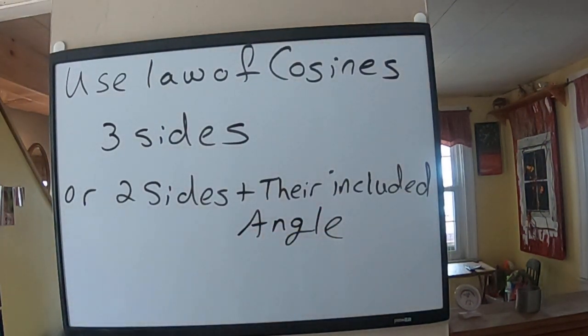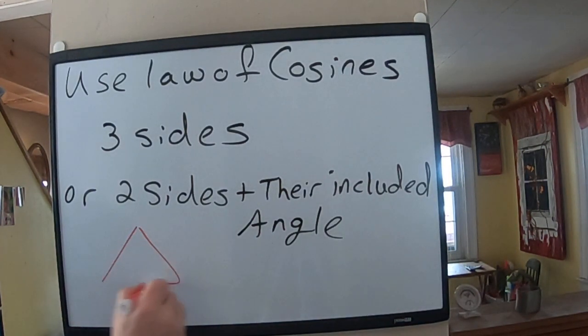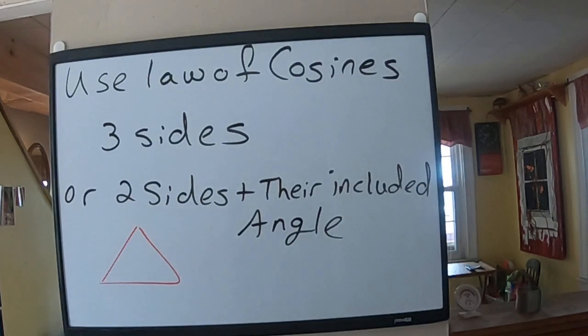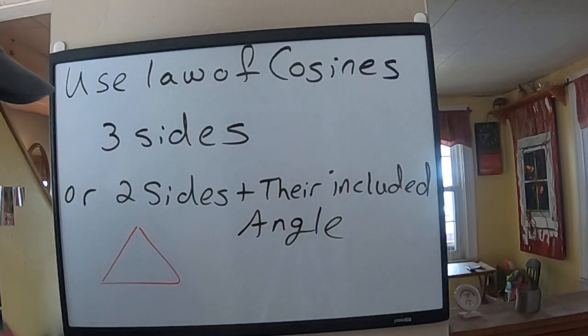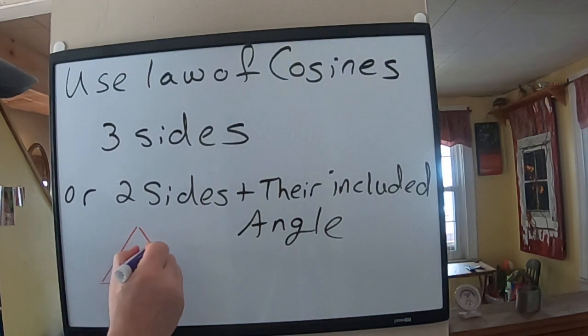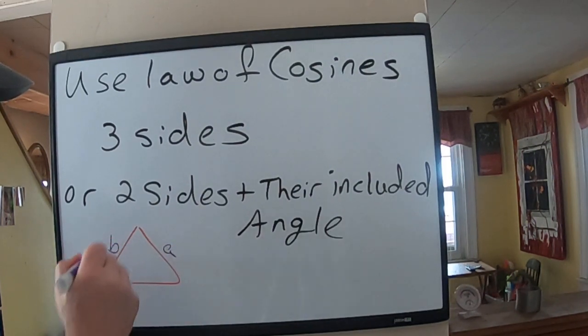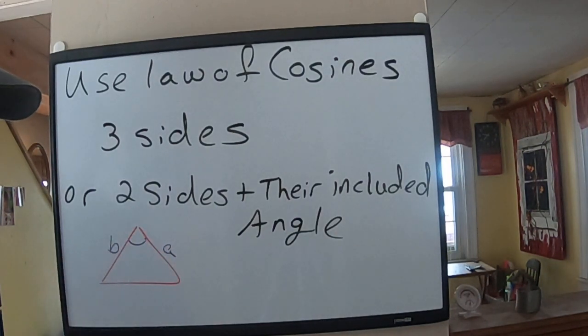An example of two sides and their included angle: if you're given this triangle and you're given side A and side B, the angle that's made up of sides A and B is right here. That's called the included angle. All right, so that's when you're going to use law of cosines.